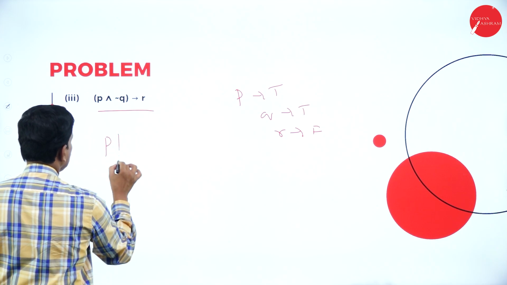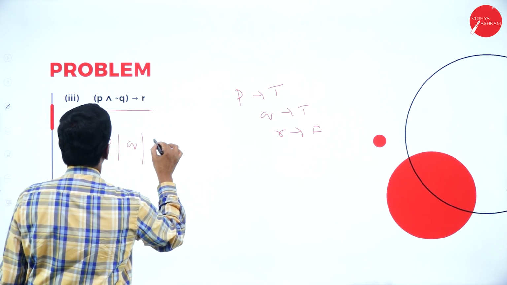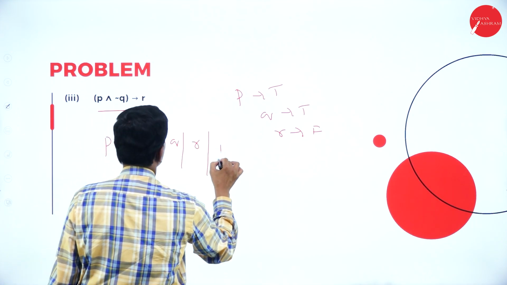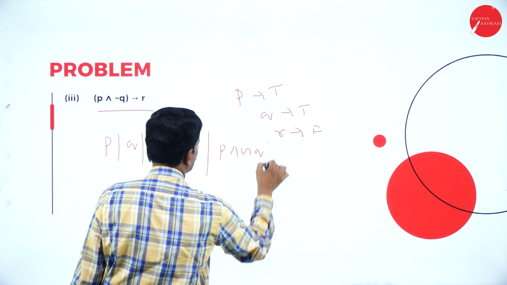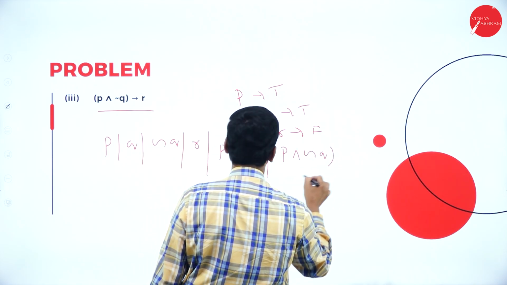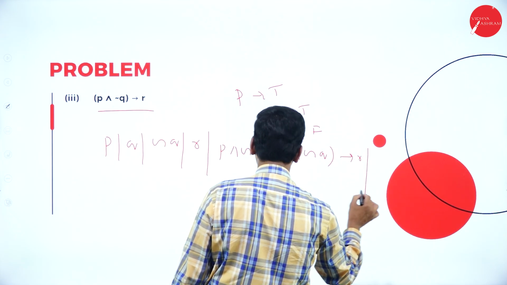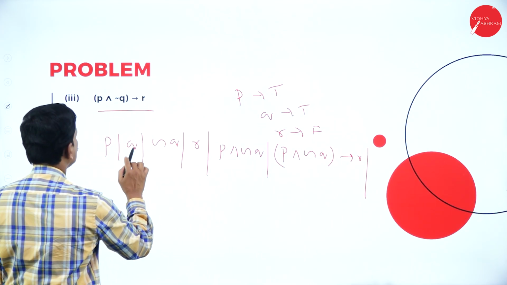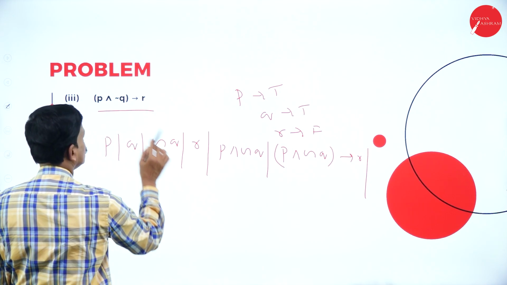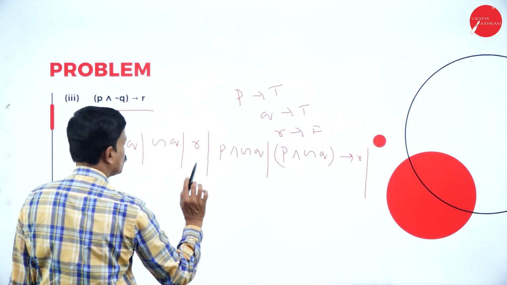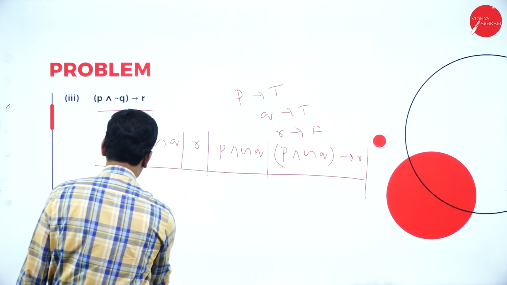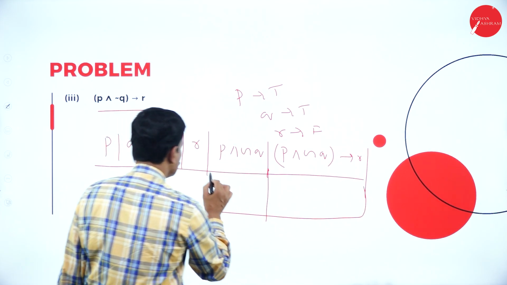Now let us split this: P, Q, then negation of Q, R, then P conjunction negation Q, then the final statement P conjunction negation Q conditional to R. So let us write down the truth values.